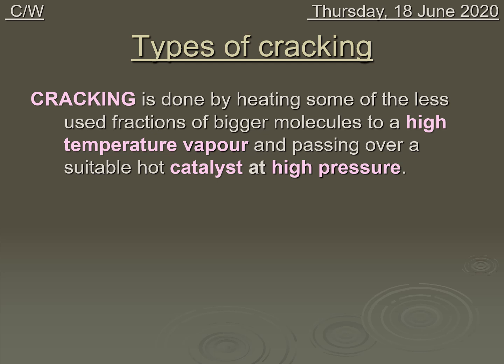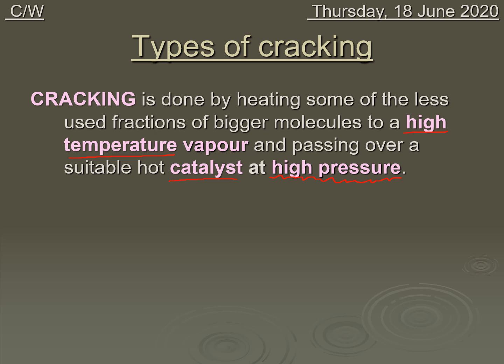So overall, if you had to define what cracking is, you have to say cracking is carried out by heating to a high temperature and becoming a vapour, and then passed over a hot catalyst. So the key idea is high temperature and catalyst. Now this high pressure bit, that's debatable. I wouldn't put that as either first or second marking point in a 2-mark exam question about the conditions of cracking generically.